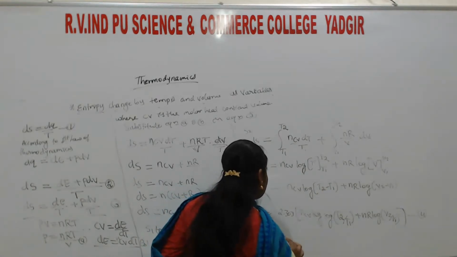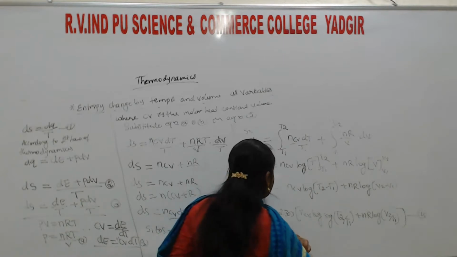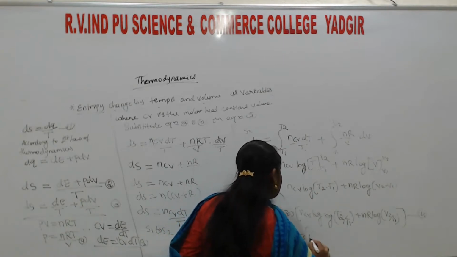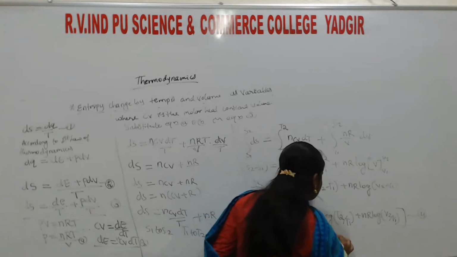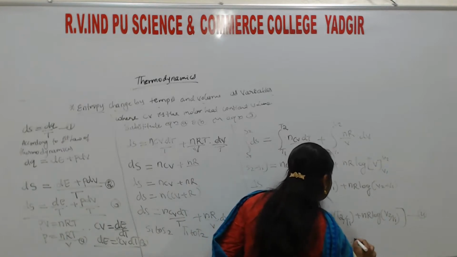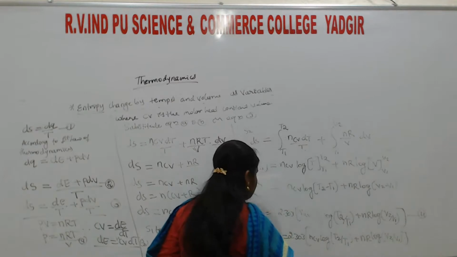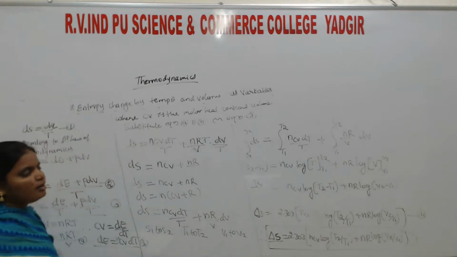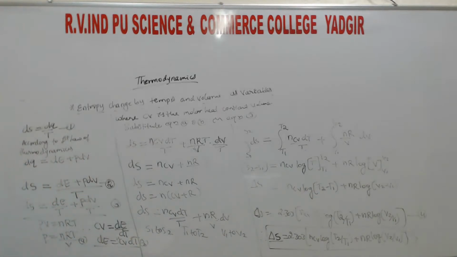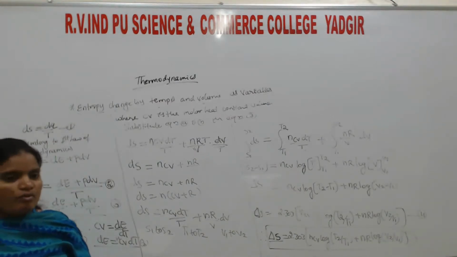Delta S denotes the change in entropy. This is the formula for the entropy change when the variables are temperature and volume.